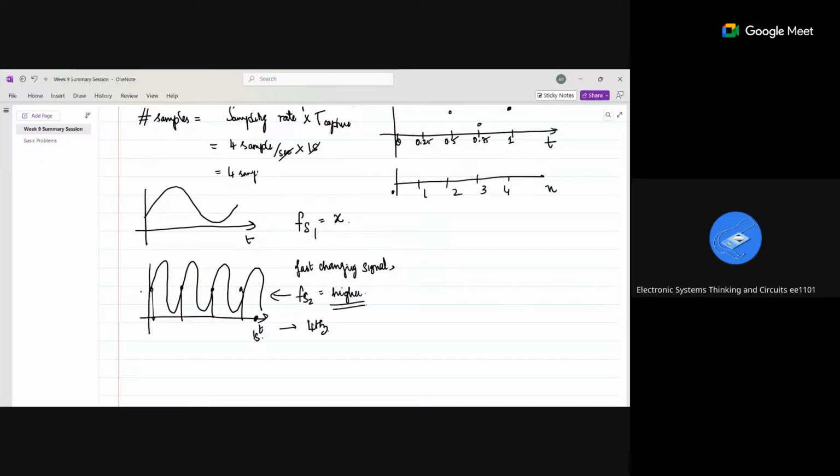So if I reconstruct with the same value, it will be just a straight line. I will not be able to reconstruct my original signal. That's why if my signal is changing fast, my sampling frequency should also be higher. I should choose it in such a way that my sampling rate is able to capture all the changes that are happening in my input signal, right?